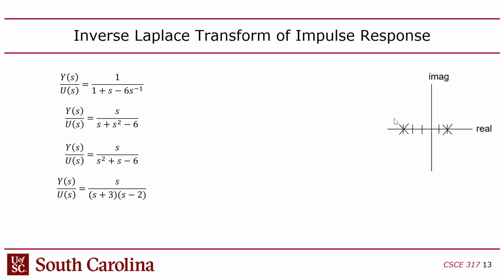And as long as all the poles are to the left of x equals 0, meaning that they're all negative real, the real component is negative, meaning they're in the left-hand side of this plot, then the system is stable.